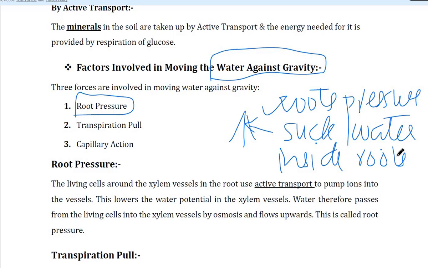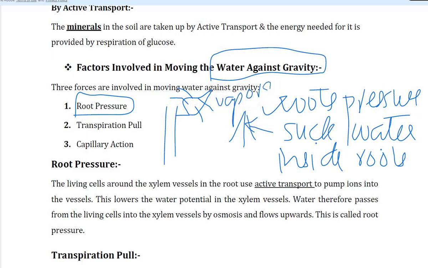Then transpiration pull. Every plant, either 100 feet tall or 1 foot tall, its leaves are doing transpiration. Water is coming out from the leaves in the form of vapors.